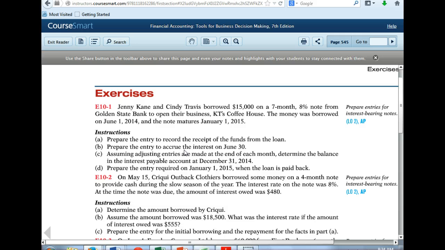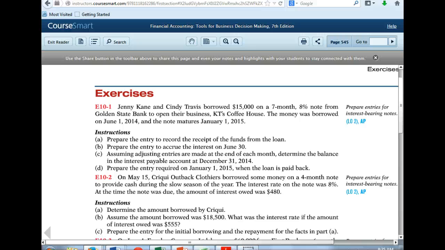Next, prepare the entry to accrue the interest on June 30th. So how are we going to calculate the interest that is due June 30th? What is the interest rate? 8%. And if we took the loan out on June 1st and we need to record the interest for 1 month, how are we going to do that?